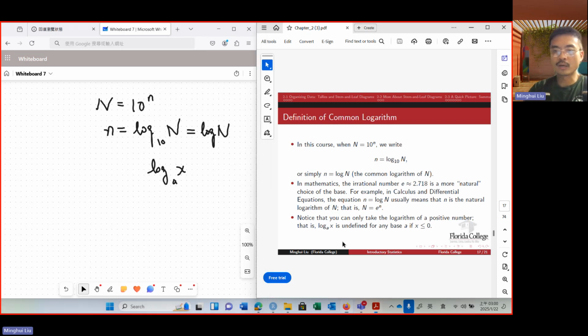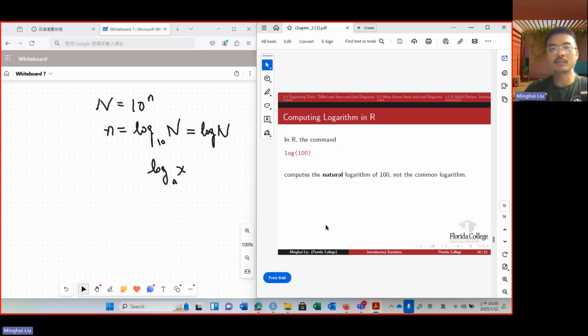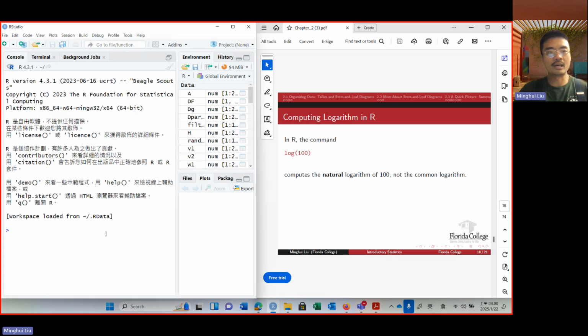We can, of course, do logarithms in R. But I want to remind you that with the simple command log of 100, you might think this should give you 2, right? The answer is no, it gives you this strange number, 4.60517. The reason is that in R, the default base is not 10, it's e.